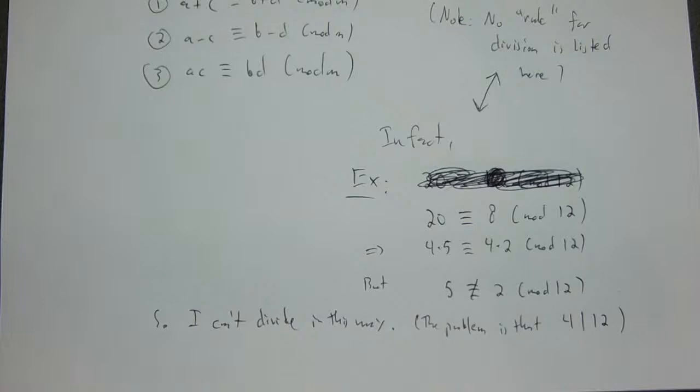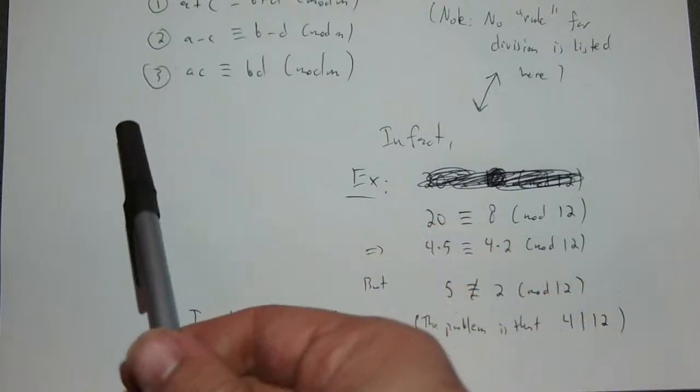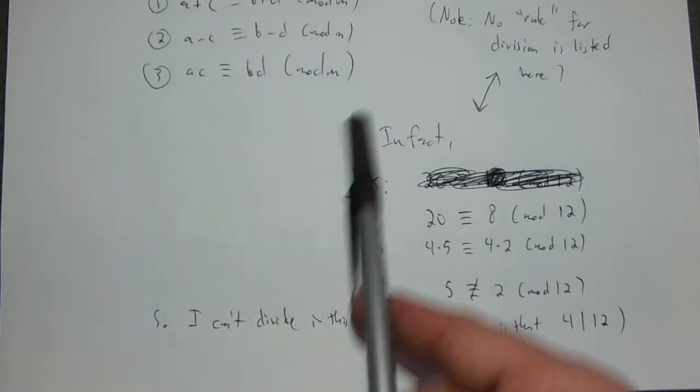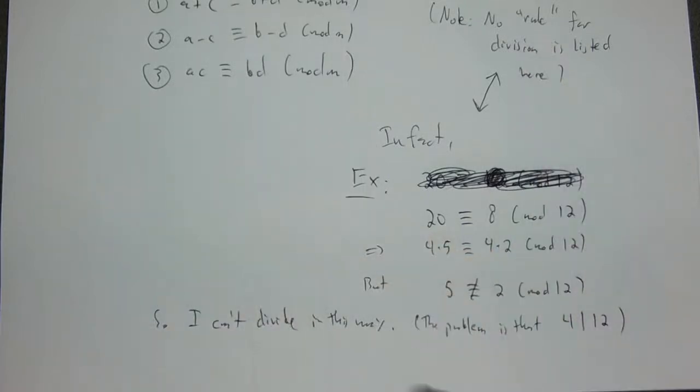Okay. So it turns out, for instance, that if 4 and 12 were relatively prime, I could actually do this. So I'm going to stop now because I'm getting ahead of myself, and I'll talk about that in a little bit. But the point is that I can do these normal operations that I would be able to do for equations, but I can't divide in this way.